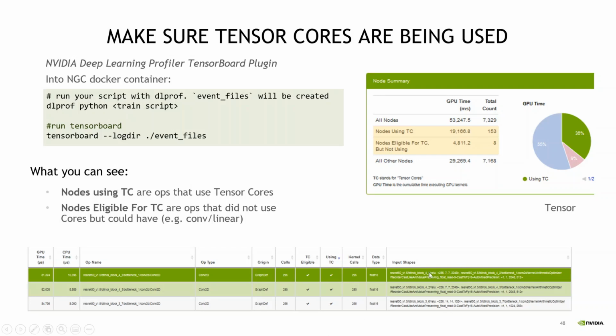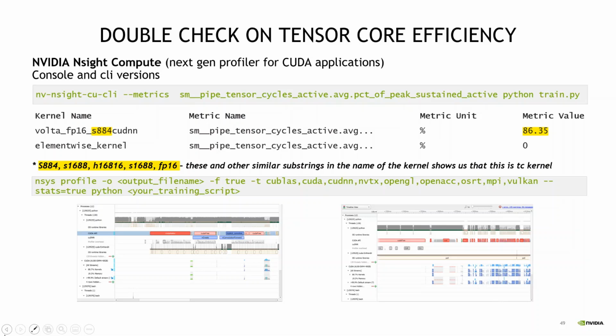The event files will be created, and after that you can run TensorBoard and use the event file as a logdir. In TensorBoard, you can see the nodes that are using TensorCores and nodes that are eligible for TensorCores.